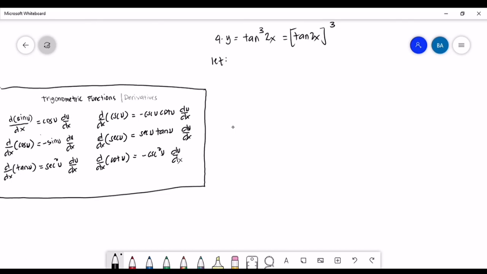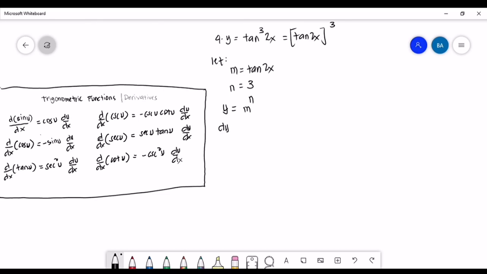Okay, so now we will let m is equal to tangent 2x, and then our n is equal to 3. So we could write our equation y is equal to tangent raised to 3 of 2x as m raised to n.